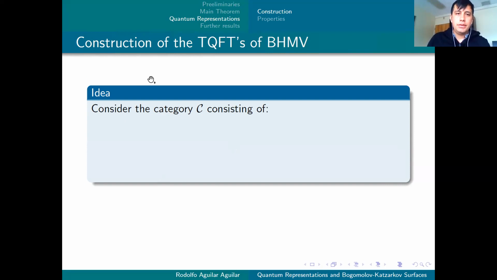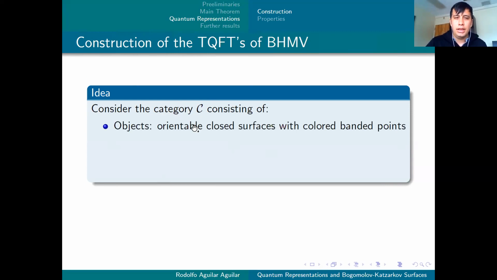So let me now try to give an idea of what a TQFT is and which one they use. A TQFT, very roughly speaking, is a functor from a category of cobordisms to finite dimensional vector spaces, plus some axioms. But let me be more specific about this category C. It will consist of orientable closed surfaces with colored banded points.